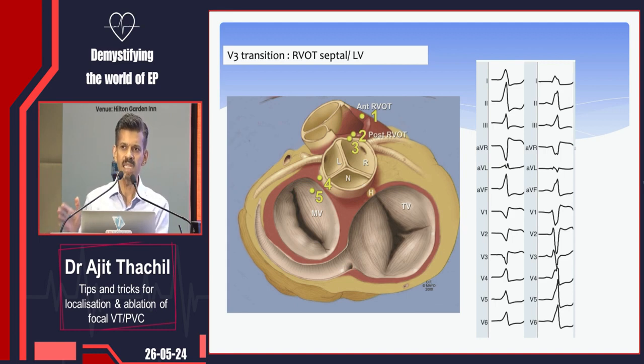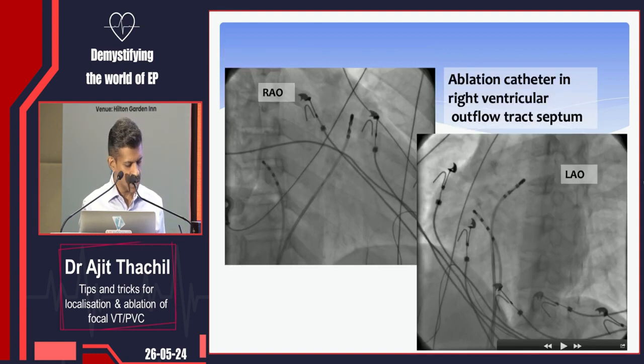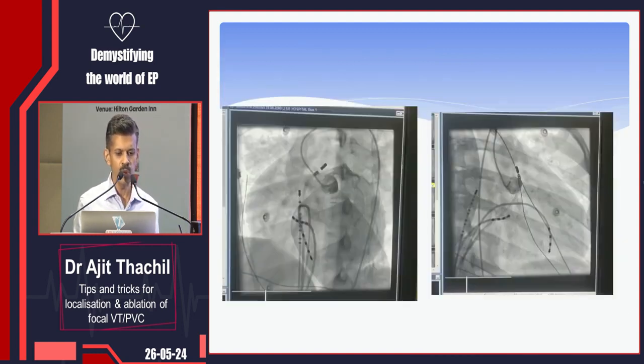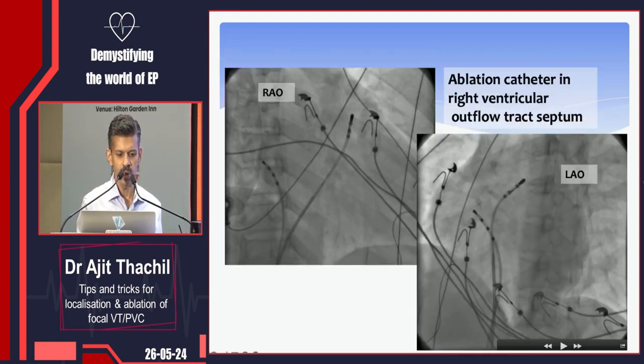But if your transition is at V3, you're not sure if it is RVOT septum or posterior to the RVOT septum. So just look at those 2 things, V1 and whether it is transitioning at V3 or beyond V3. Beyond V3 free wall, at V3 you're not sure if it is septum or posterior to the RVOT septum. That's a cusp. And here's the fluoroscopic correlates of what I told.